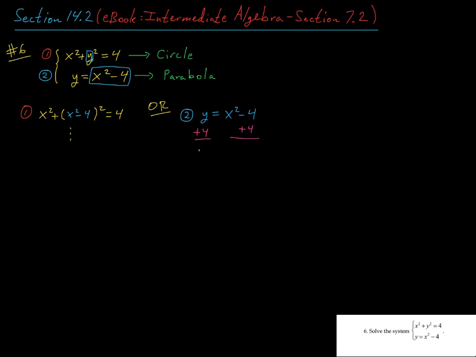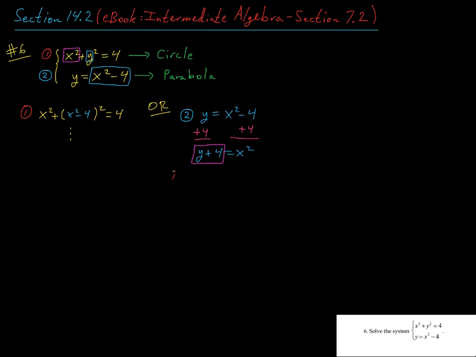And so I have that y plus 4 is equal to x squared. And so now what I'm going to do is replace x squared with y plus 4 in equation 1. Okay, so here is x squared. Replace that with y plus 4 in equation 1.